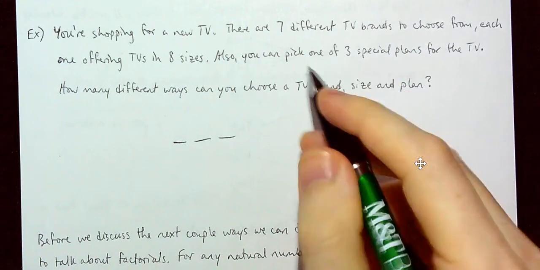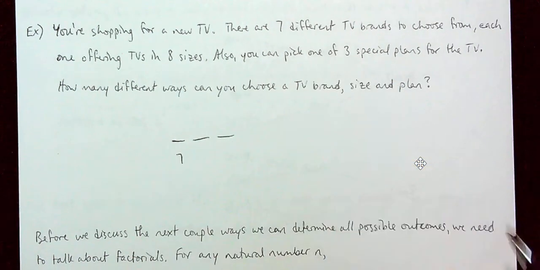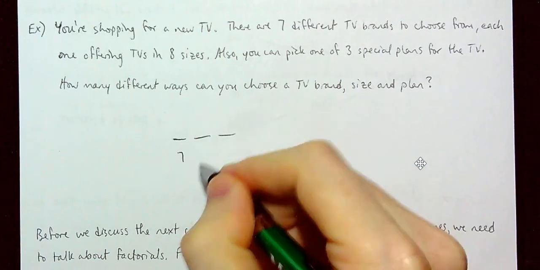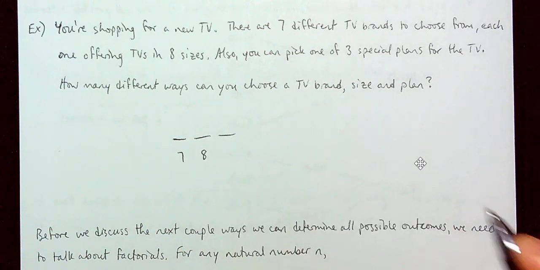Well, we said there are 7 different TV brands. Each one of the brands offers their TV in 8 different sizes. And then we have 3 different special plans, and you can pick one of them. So again, how many different ways can you choose a TV brand, size, and plan?